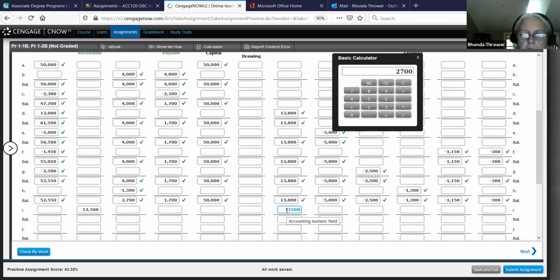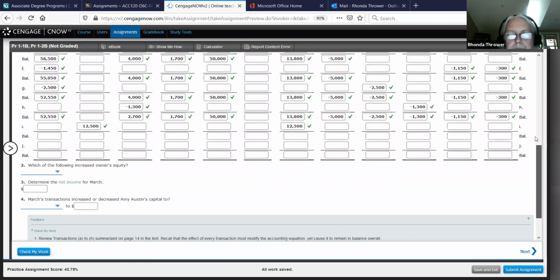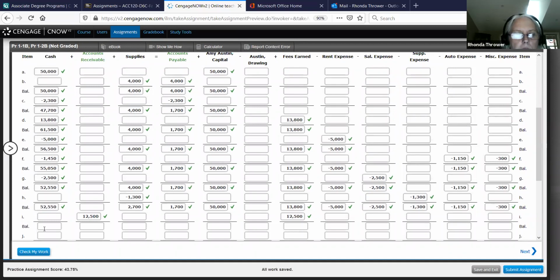It's going to increase our revenue, which will increase our owner's equity. Now we're going to rebalance this transaction. Just bringing down the amounts.